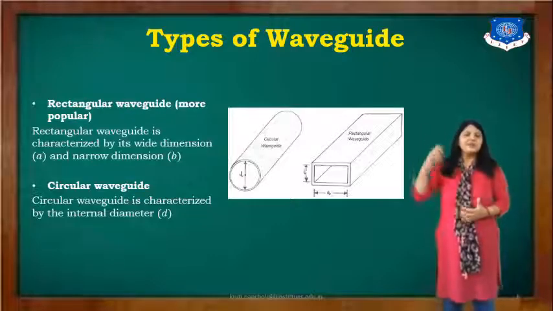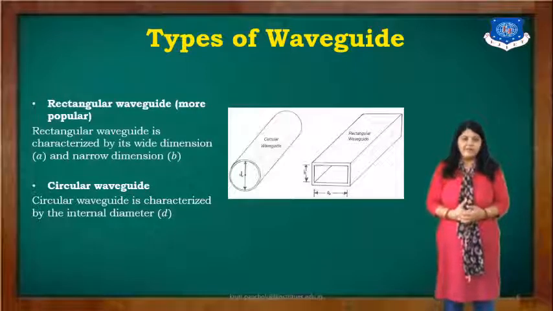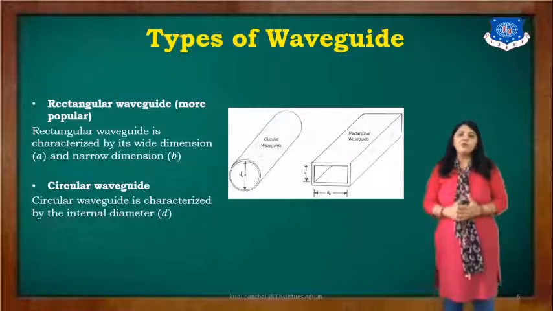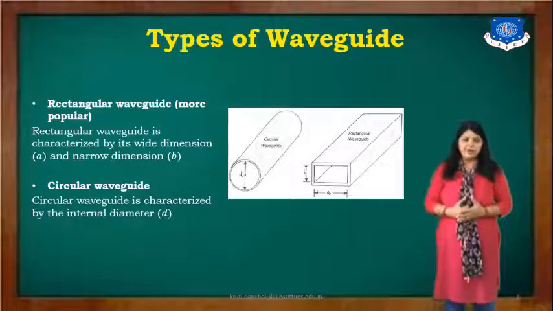So, types of the waveguide. The rectangular waveguide is more popular. The rectangular waveguide is characterized by its wide dimension and narrow dimension.